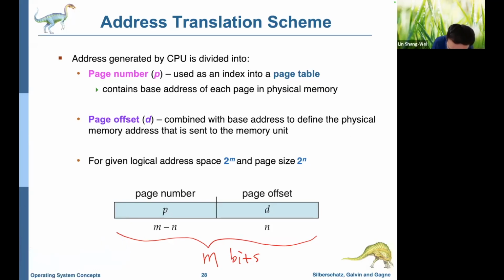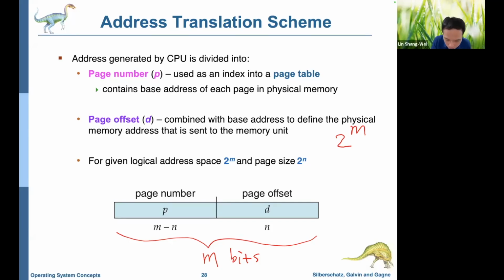If you do the calculation, this logical address supports 2 to the power of m different values, meaning that you can have 2 to the power of m bytes addressable by this logical address. So for these m bits, this content here would be your logical address.